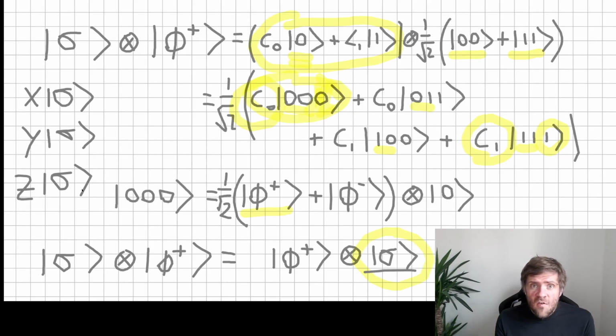However, all Alice has to do is get on the telephone with Bob and tell him, hey, I got a phi minus. And then he immediately knows that what he has is the state sigma, but rotated by some Pauli. He can apply the same Pauli to undo it, and we have this process of teleportation complete.